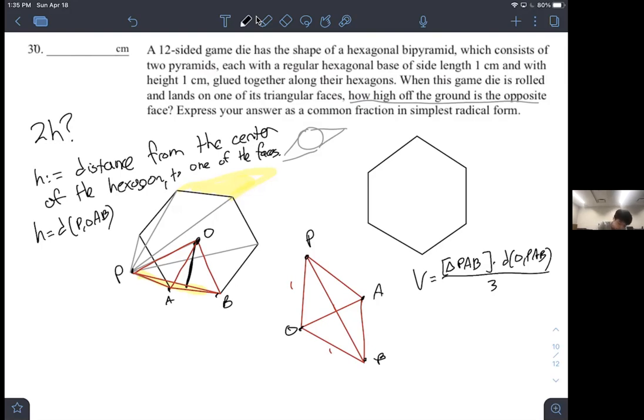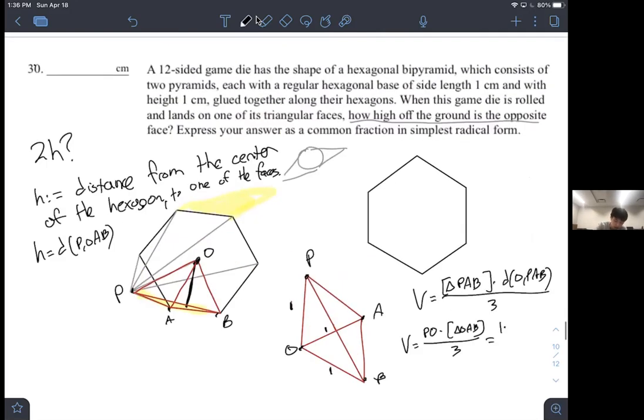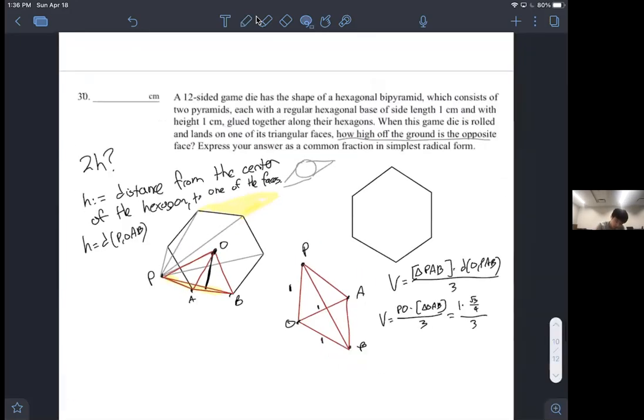But we can also find the volume another way, because we know this side length, and we know a bunch of things. We can also say that the volume is equal to PO, the height, times the area of triangle OAB, all over 3. We know PO is 1, since we're given that the height of the triangular prisms is 1. And OAB is just an equilateral triangle with side length 1, so its area is √3/4. Now we can set both sides equal to each other.